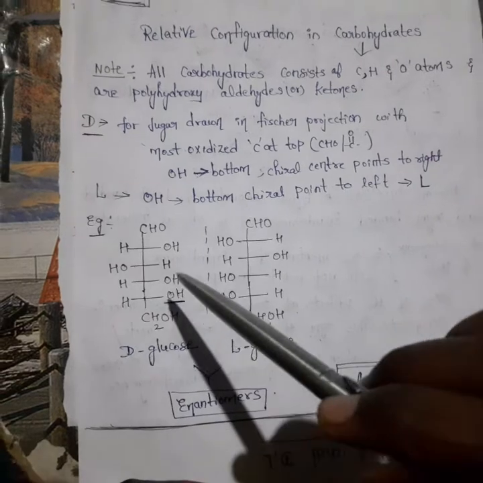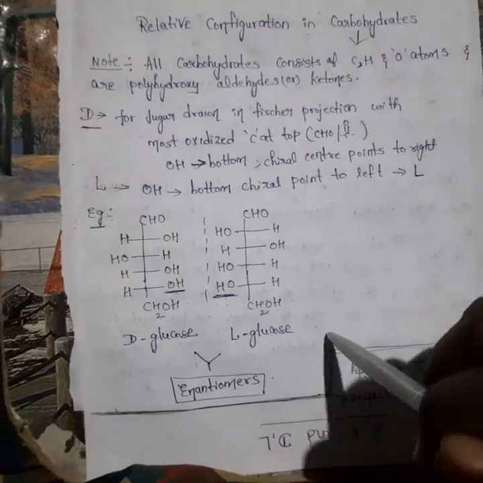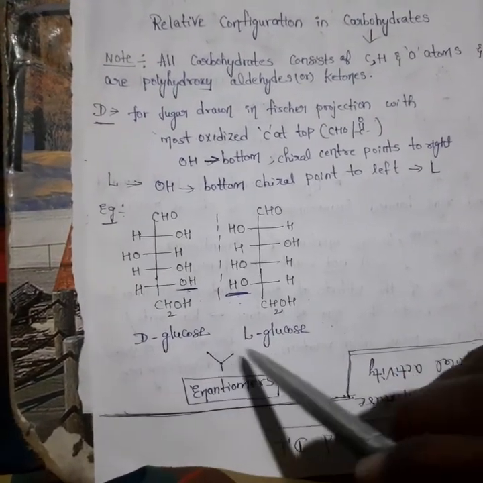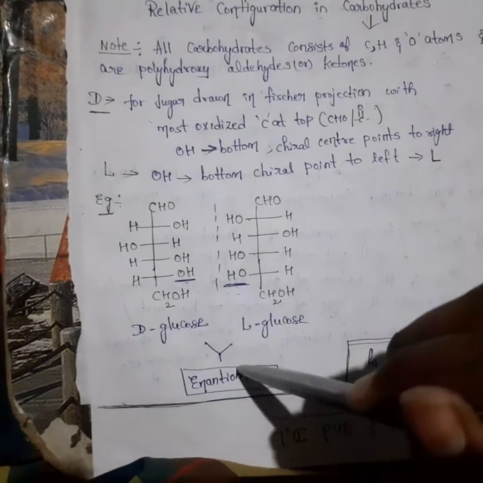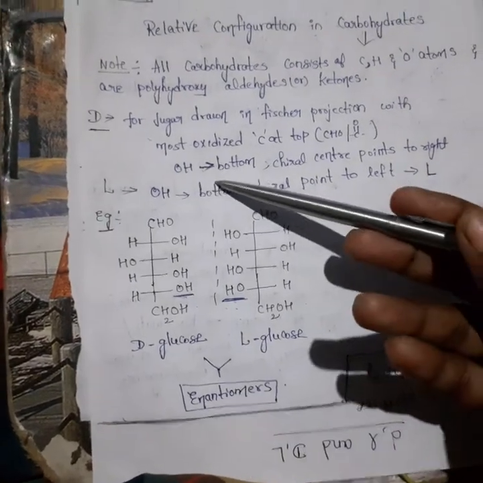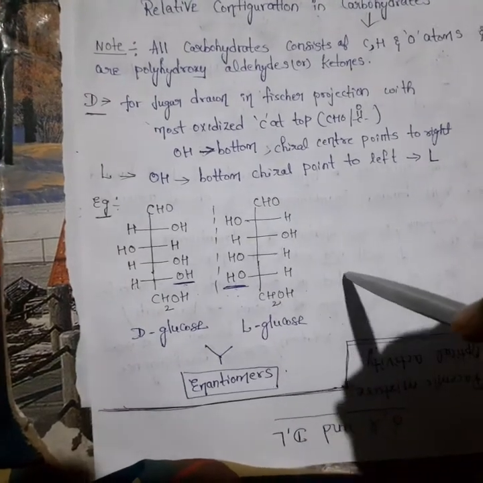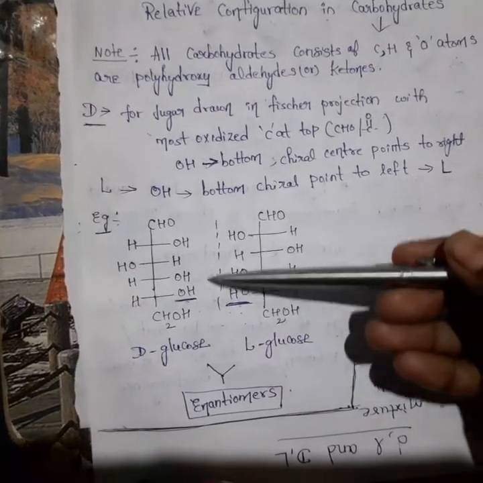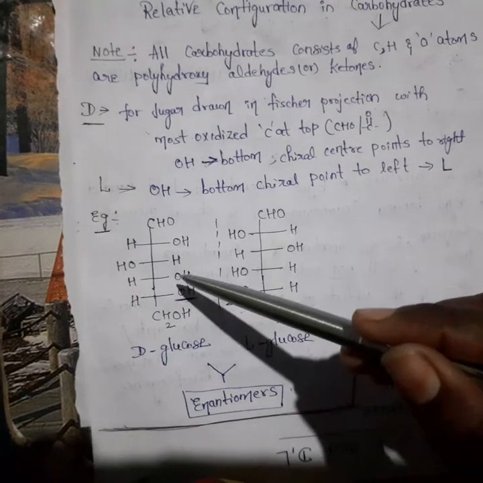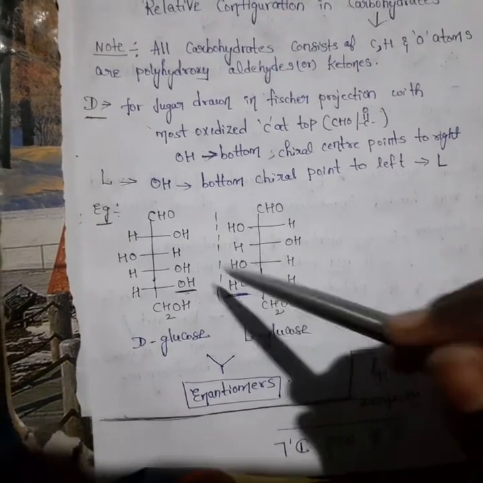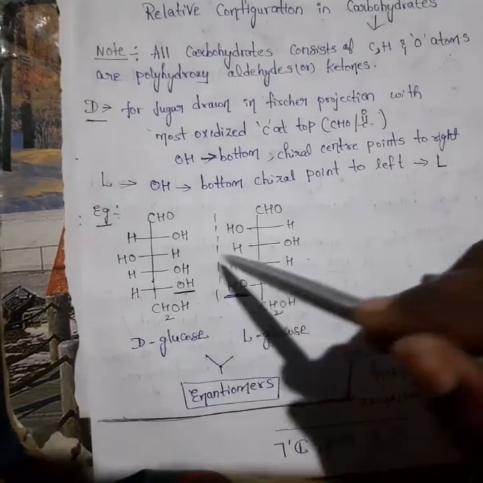And mostly in case of carbohydrates, these D glucose and L glucose are enantiomers. Enantiomers means they are non-superimposable, but they are mirror images. See, if you observe this, we come to know that these are mirror images, but these are not superimposable.